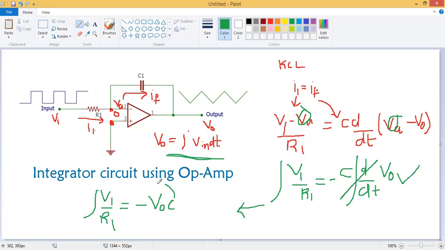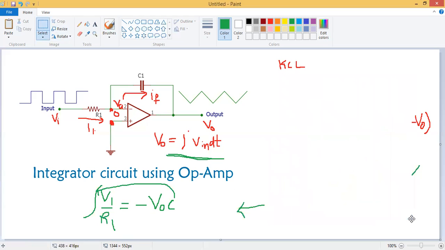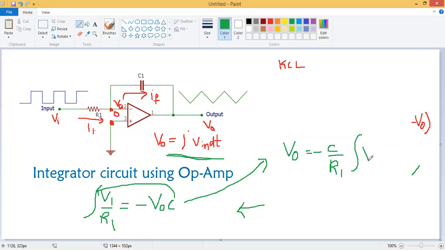I am taking the C to this side, so this equation can be modified as V naught equals minus of 1 by C R1, taking the R1 outside, integral of VI into dt.